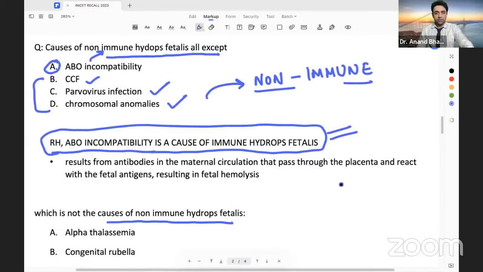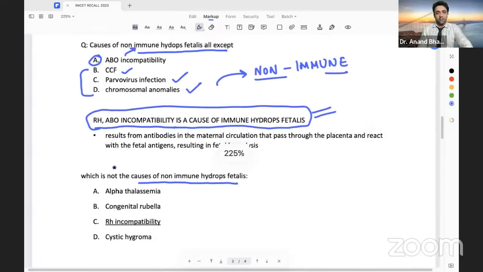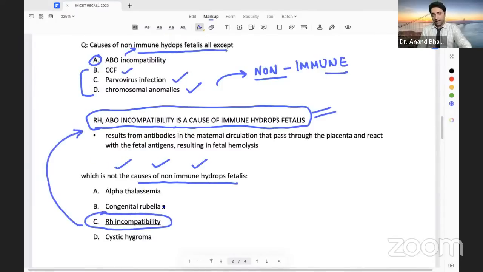This same question was there 2 years back: which is not the cause of non-immune hydrops fetalis. Rh and ABO incompatibility cause immune hydrops fetalis, whereas infections like rubella, thalassemias and chromosomal abnormalities will cause the other one.